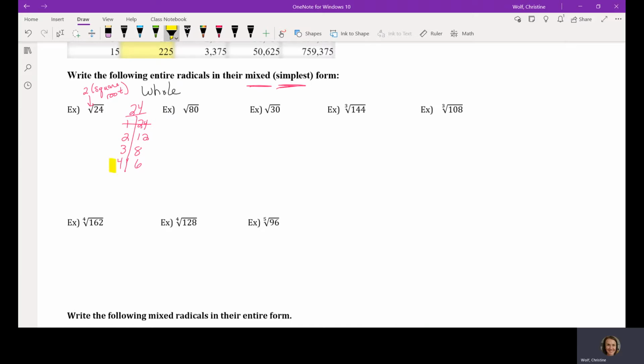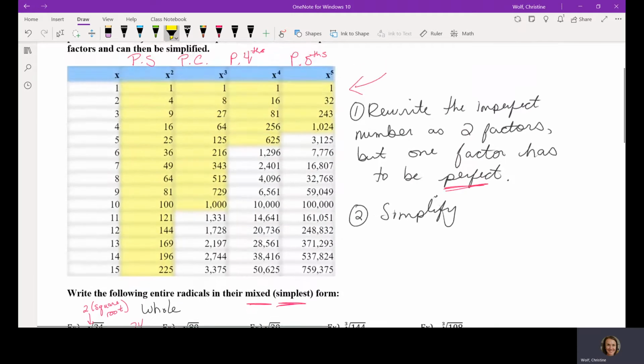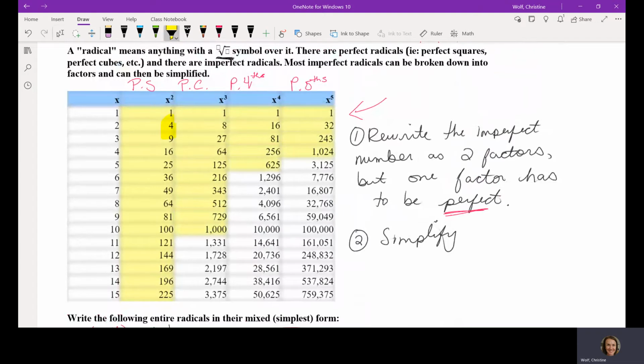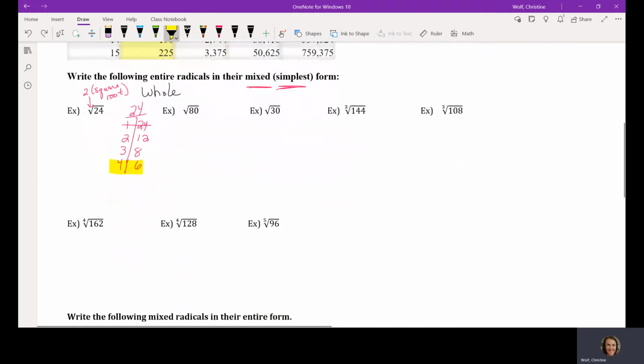But here, this is the option I'm going to choose because 4 is a perfect square. If you go back up here, there is a 4 in my perfect square list. So I'm going to rewrite 24.